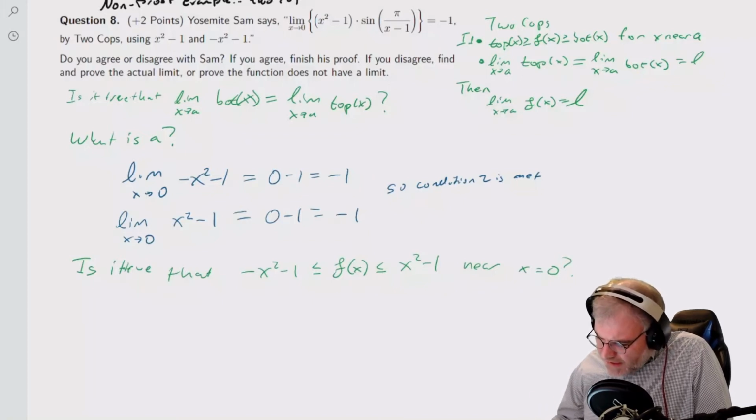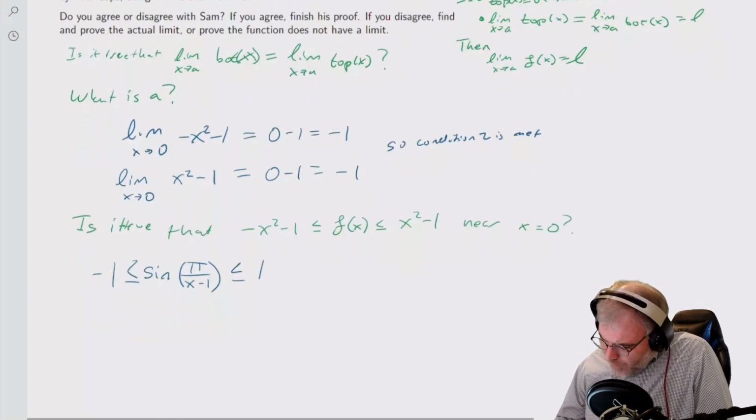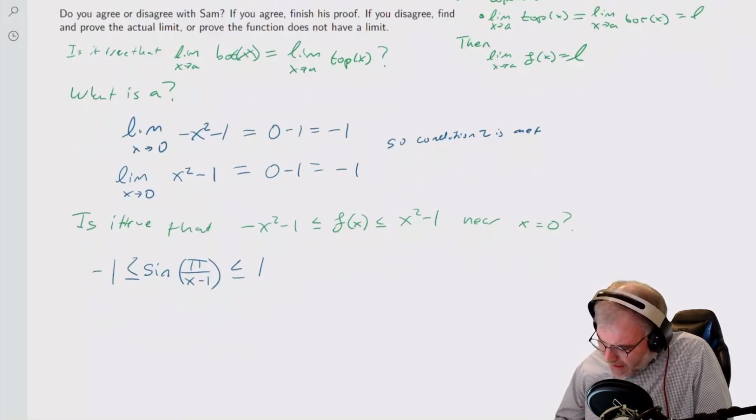Well, if we were going to set this up, we'd go sine of pi over x minus 1 is between negative 1 and 1. Negative 1 is less than or equal to sine, which is less than or equal to 1. And then we're going to multiply through by x squared minus 1.